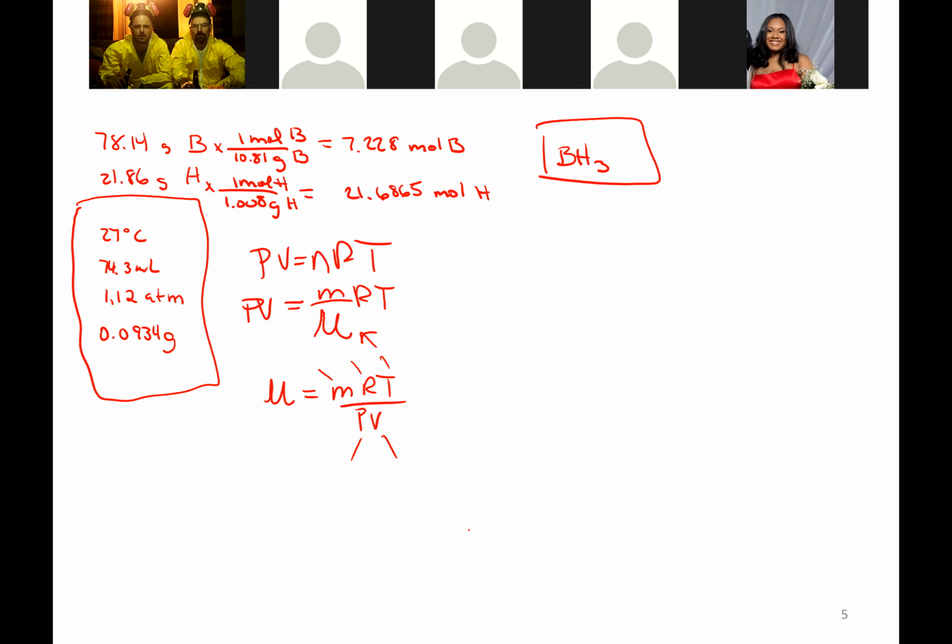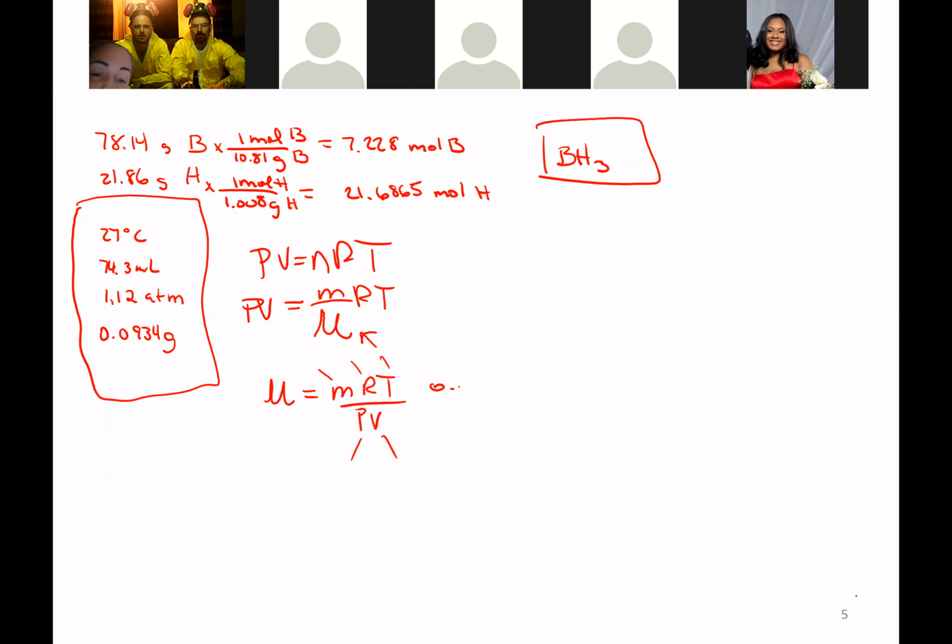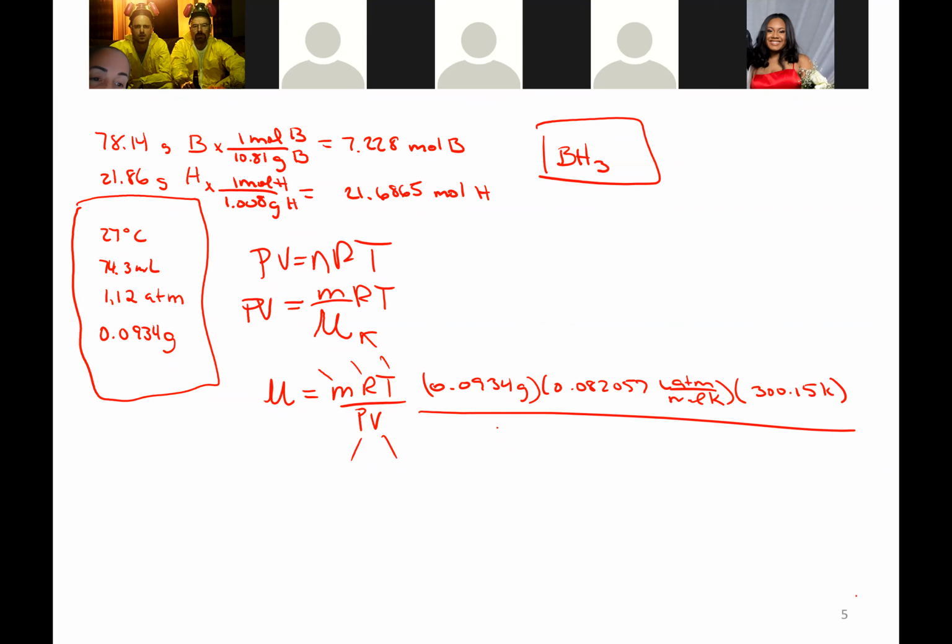So if I plug all that in, I should get 0.0934 grams. R is 0.082057 liter atm per mol K. T is 300.15 Kelvin, over P, which is 1.12 atm.